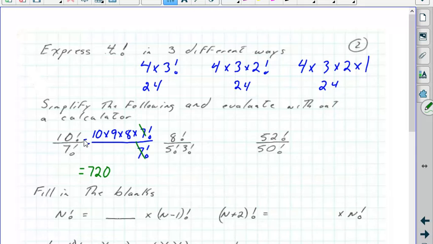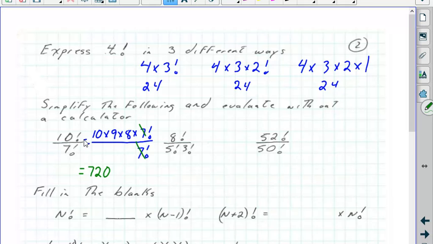Now, okay, calculator. But eventually, your calculator is going to say, no, I can't do that number. Factorial gets big very, very quickly. The values for 1 through 7 factorial I know: 1 factorial is 1, 2 factorial is 2, 3 factorial is 6, 4 factorial is 24, 5 factorial is 120, 6 factorial is 720, 7 factorial is 5,040. 8 factorial is 40,000 and change; I don't remember what it is.